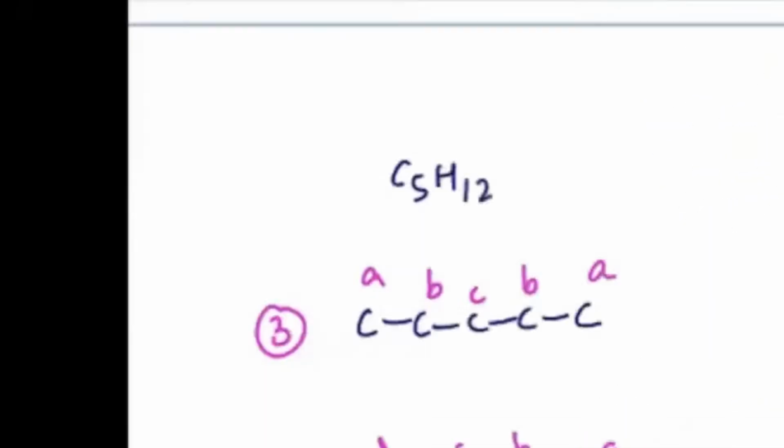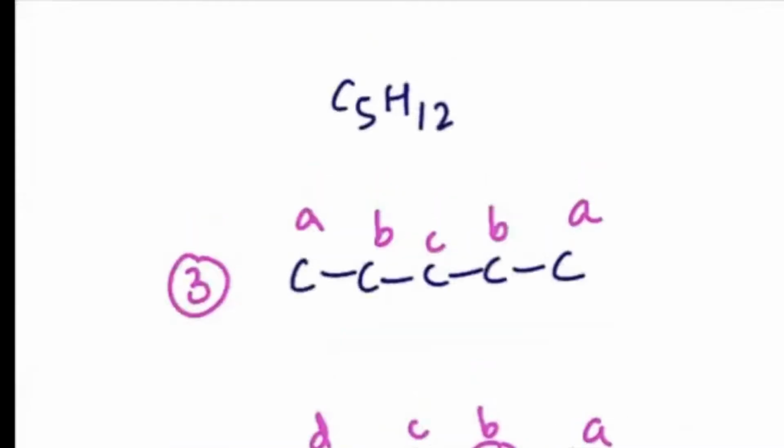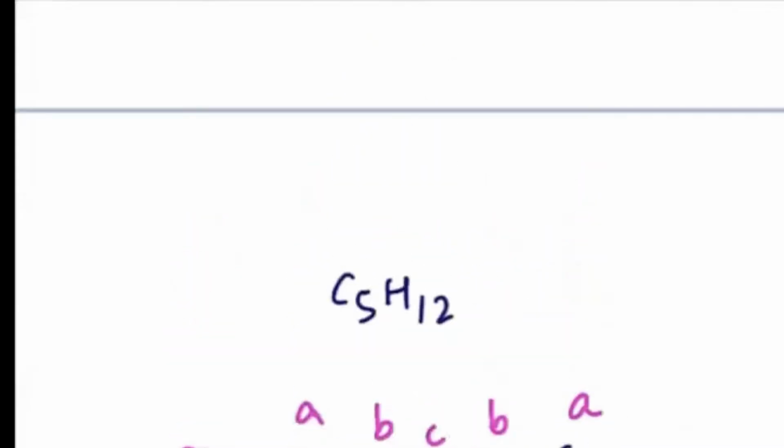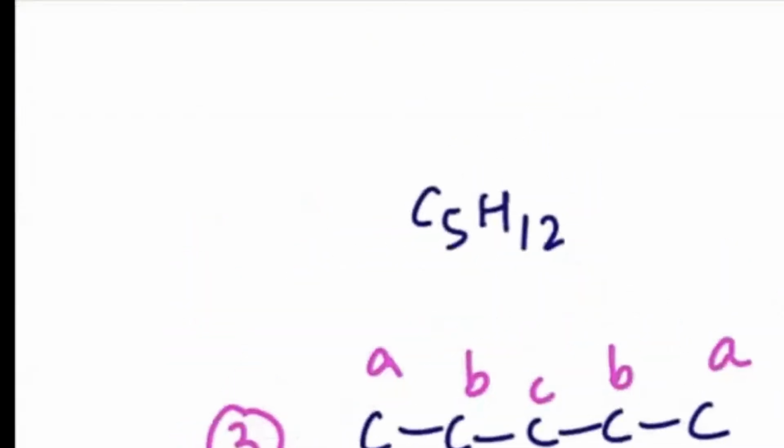So C5H12, total number of structures, check how many monochloro you are getting in C5H12. We have done this, check your last class. C5H12 total number of monochloro? Total monochloros are how many?